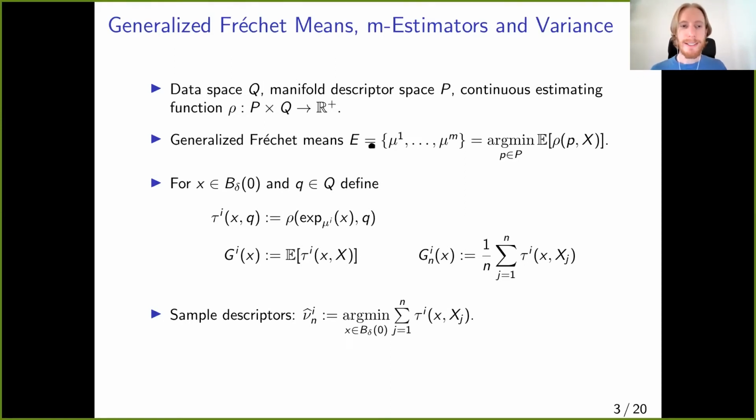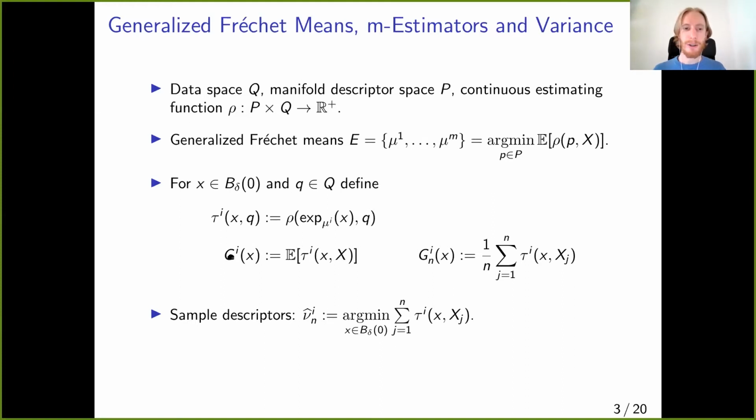So what we do in this setting where we have multiple population descriptors is we define local versions of this estimating function, tau I of rho, in a delta neighborhood of these population descriptors.